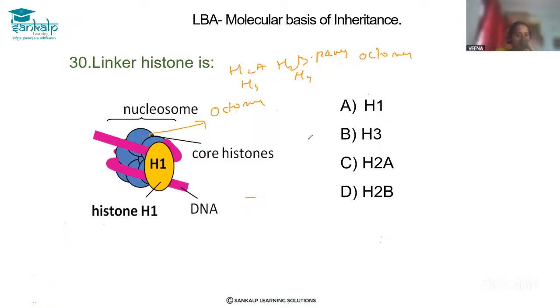So here they are asking which is the linker histone. Already I've studied that H1 is a linker histone. Here it is linking one nucleosome to another nucleosome. So the correct answer is option A, that is H1 is the linker histone.